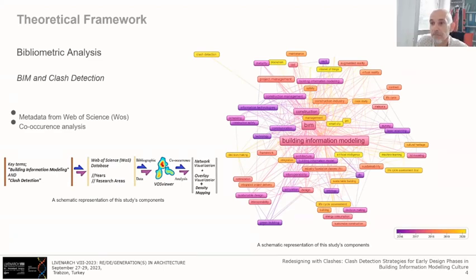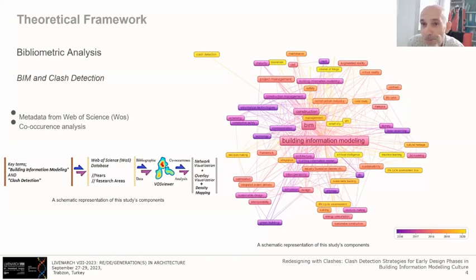Using VOSviewer, a visual representation was generated to illustrate the interconnections of scholarly publications pertaining to clash detection, which were sourced from the SCI and SSCI databases. Initially, the phrases building information modeling and clash detection were inputted together and separately as search keywords within the Web of Science database, and the resulting metadata was subsequently transported to the VOSviewer platform.